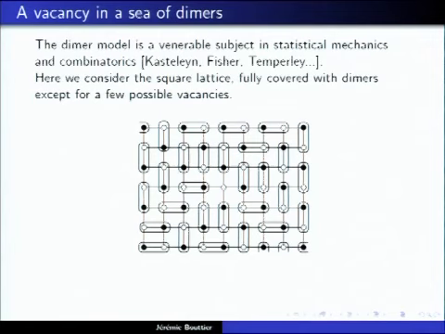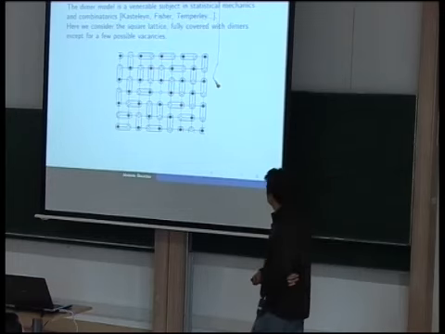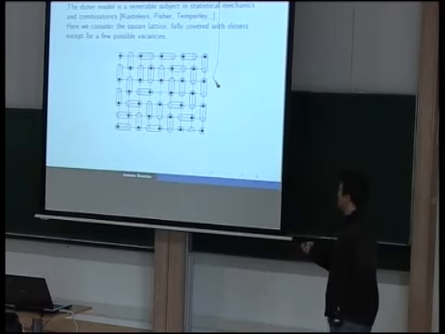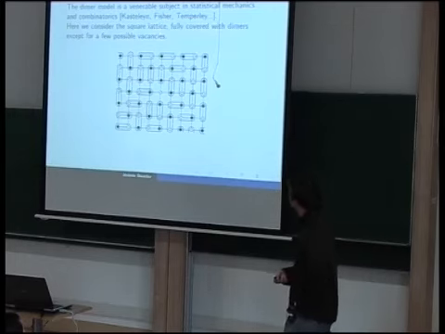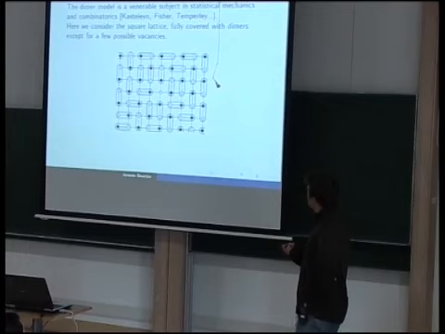It's really archetypical of the combinatorial statistical mechanics flavor of problem, and it dates back to famous names like Kasteleyn, Fisher, Temperley. And here we study one of the best known avatars of this model, the square lattice model.